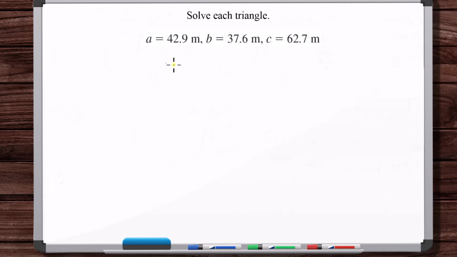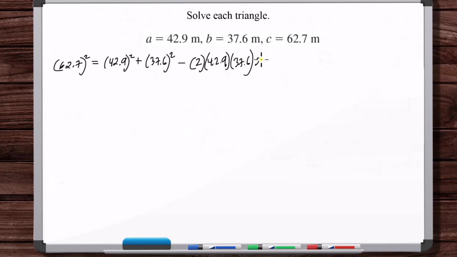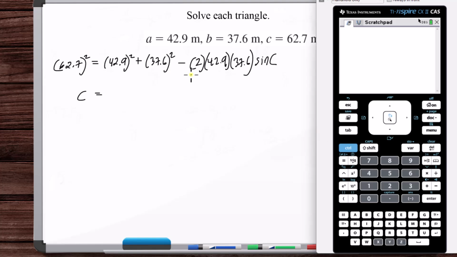Okay, side, side, side. Let's just pick an angle to solve for. So let's do angle C. So 62.7 squared. That's the side opposite C. Now the sum of the squares of the other two sides. And then minus 2 times the product of those two sides, and then cosine of C. Okay, so now we can just go ahead and solve for C. So we'll have this squared plus this squared, then minus this squared, right?